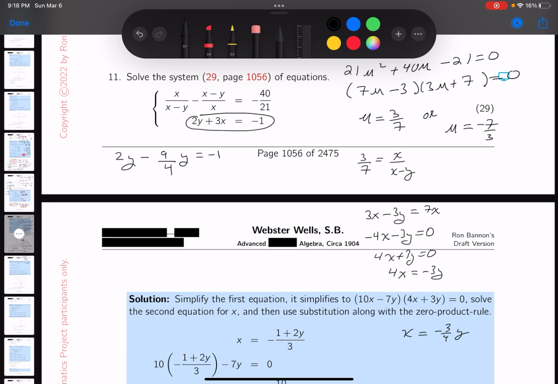I got to clear the fraction. This is going to be 8y minus 9y is equal to, let's see, I'm multiplying by 4, right? Minus 4. So what are you going to get over there? Minus y equals minus 4, so y is 4.